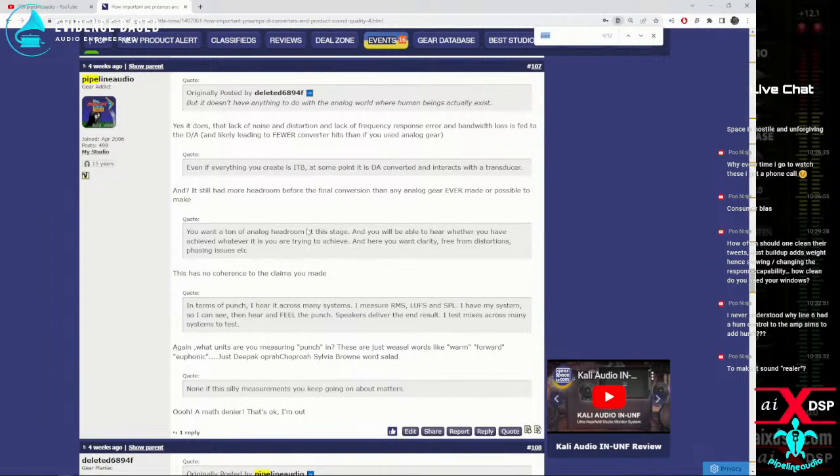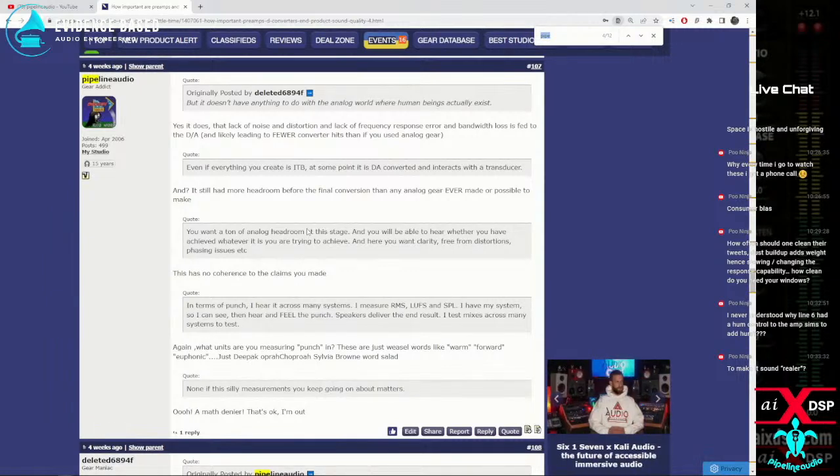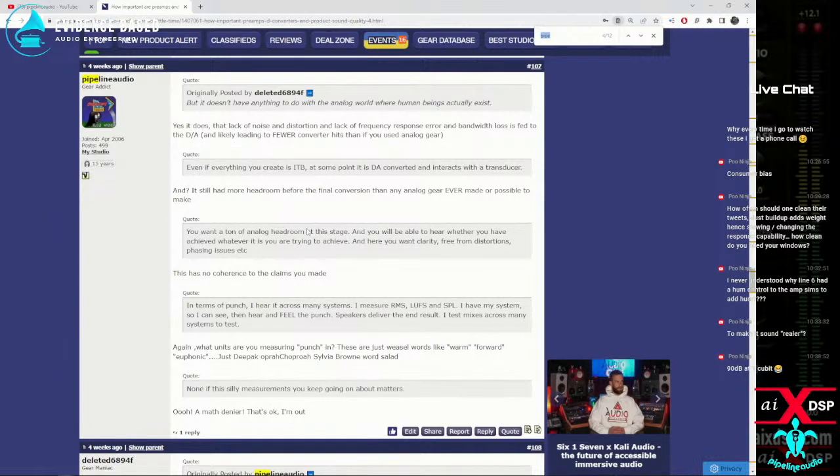He says, even if everything you create is in the box, at some point it is DA converted and interacts with the transducer. And so I say, and it still had more headroom before the final conversion than any analog gear ever made or possible to make. If you want to talk about headroom, digital absolutely annihilates 90 dB at 1 qubit.